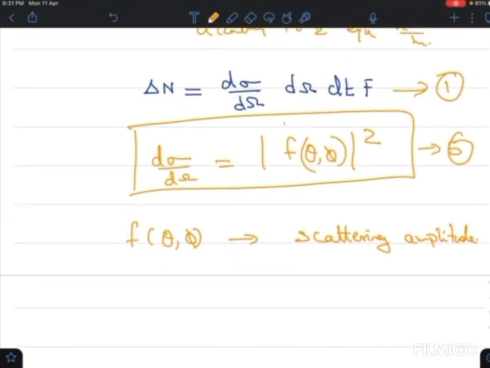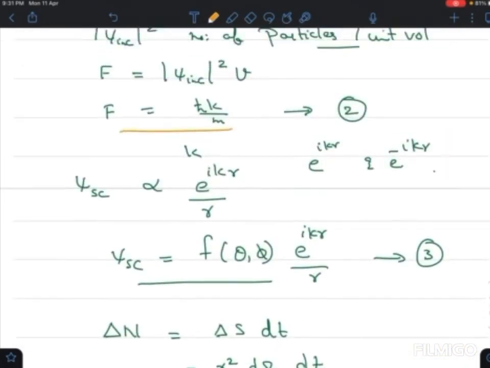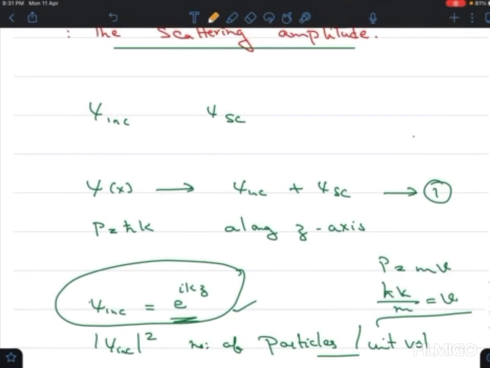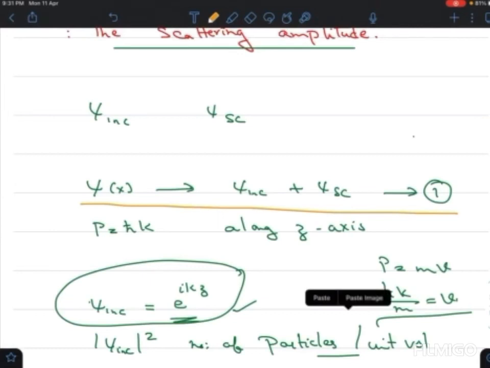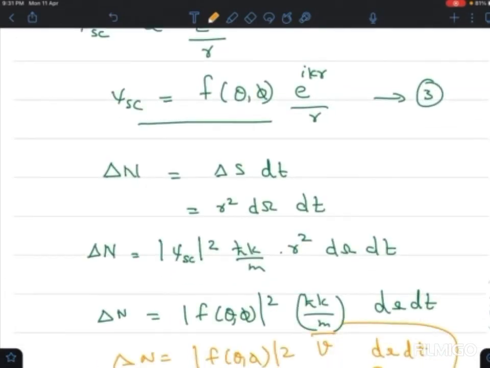So now what is your equation? We have written in equation 1 psi of x is equal to psi incident plus psi scattered. Psi incident, you know, is e raised to ikz, the plane wave, and psi scattered you have got as f theta phi e raised to ikr by r as equation 3.